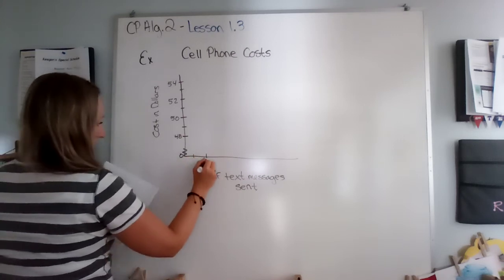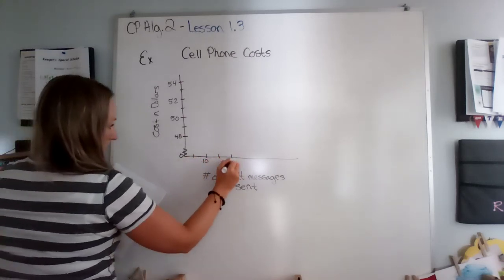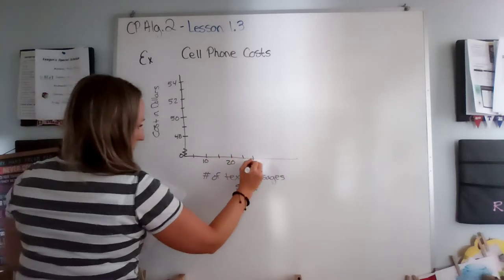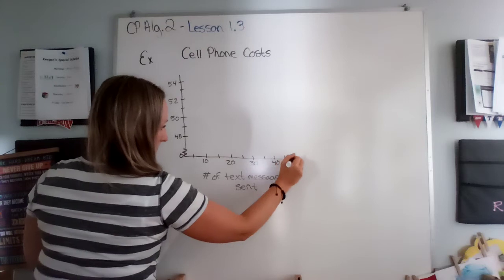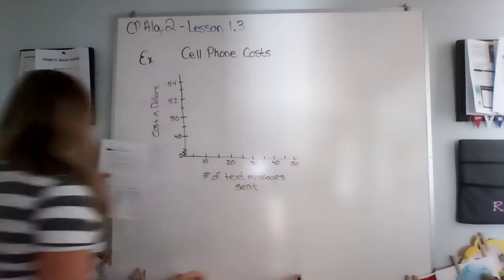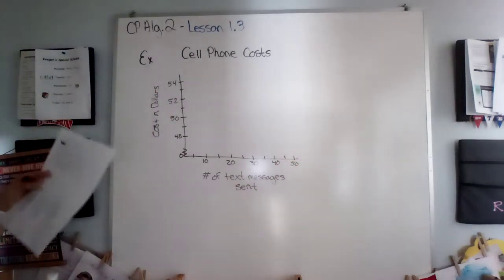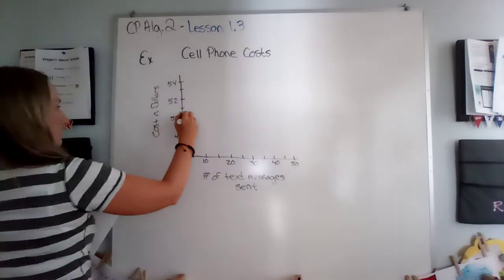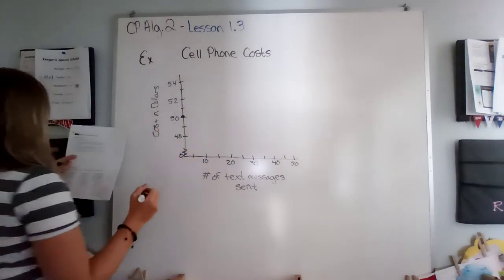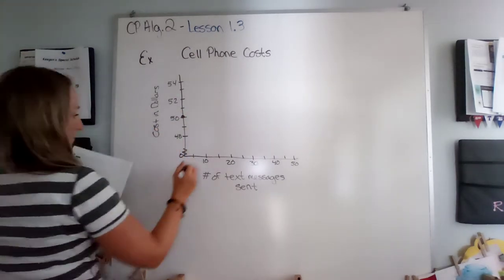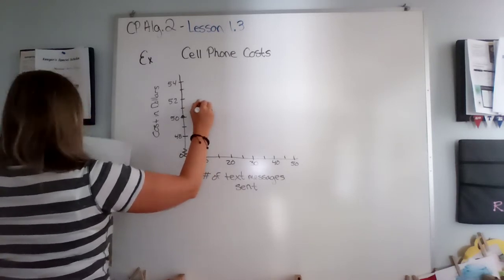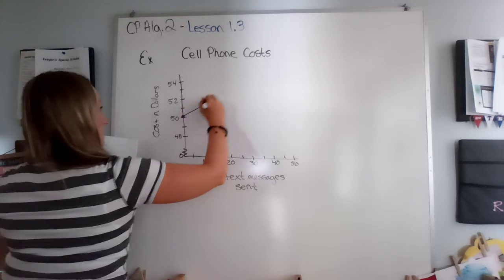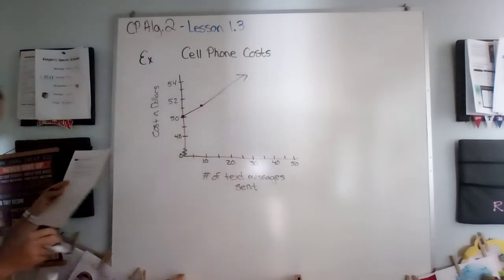So it's 5, 10, 20, 30, 40, 50. Okay. And there's a point plotted at 0, 50. And then there's a point plotted at 10, 51. And then it goes up like that.